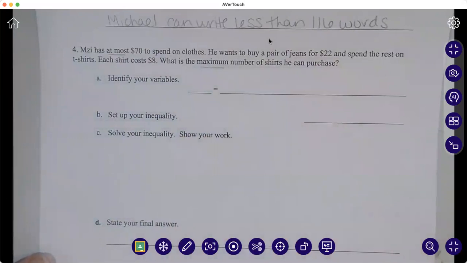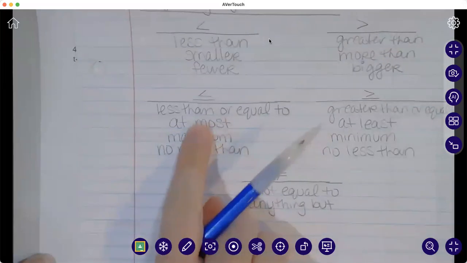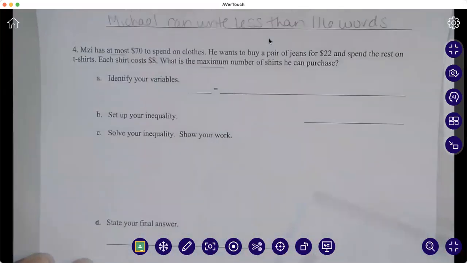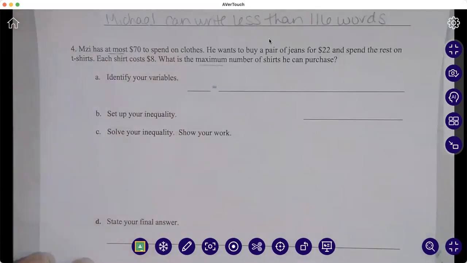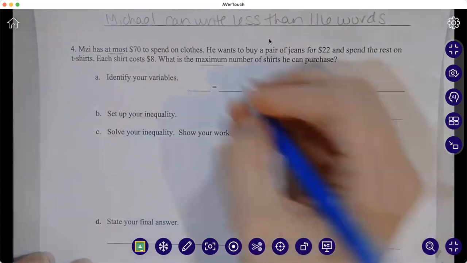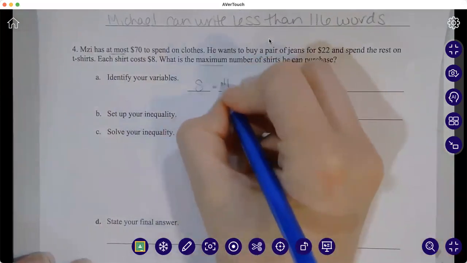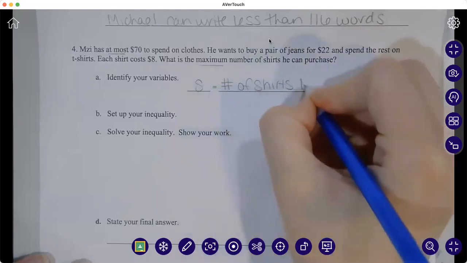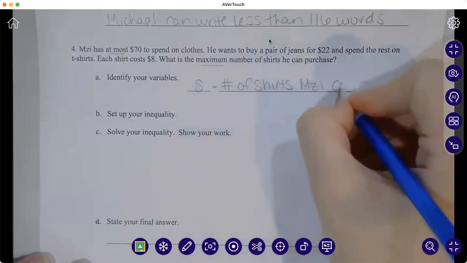Now, in this question, we have 2 different phrases. We have at most and maximum. And both of those are listed under the category of less than or equal. So let's get that variable set up so that we can then set up our inequality. So we want to know about the shirts. So I'm going to say S is the number of shirts that Z can buy.